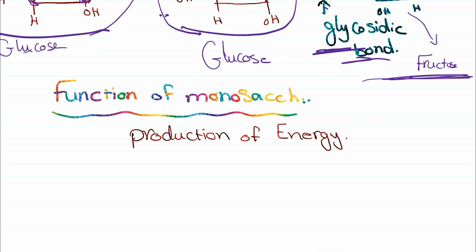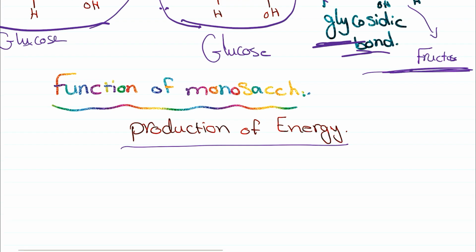The next point, what is the function of the monosaccharides? The main function of monosaccharides is production of energy. In the cells of living organisms, we have organelles, as we said before. These organelles are used for different processes.